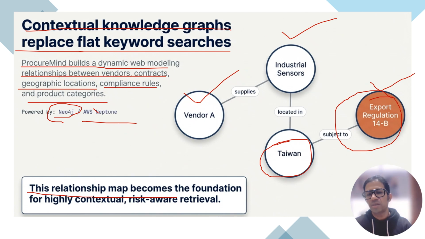So to summarize this slide in one sentence, the knowledge graph becomes the procurement brain. It connects what the enterprise already knows, so the AI can reason safely. In the next slide, I'll show you how we combine this graph context with vector retrieval using dual retrieval strategies, so we get both semantic understanding and structured governance.